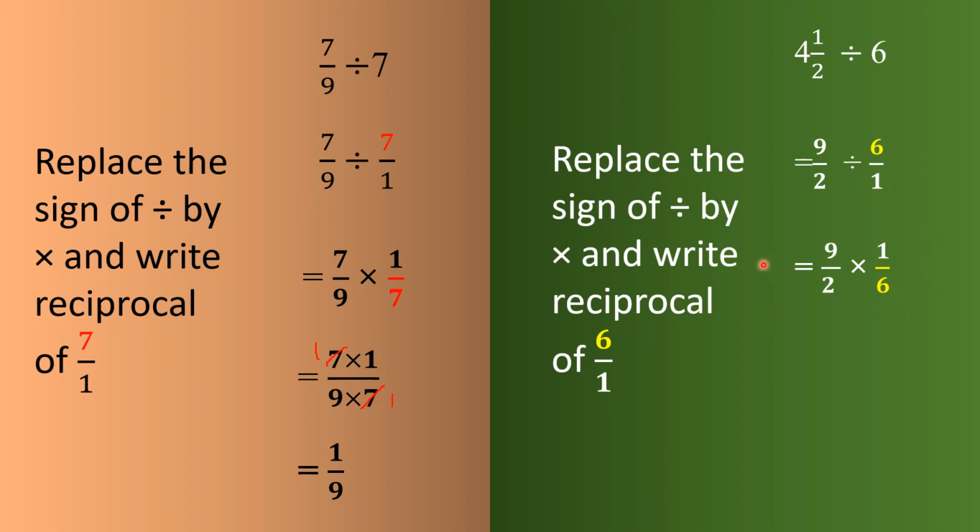Now it is a simple question of multiplication. 9 multiply 1 and 2 multiply 6. Now how will we solve this? It is very easy. We know that 9 and 6 have a common factor, which is 3. 3 twos are 6 and 3 threes are 9. So it will be 3 by 4.